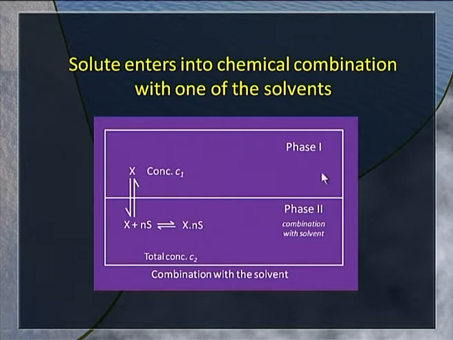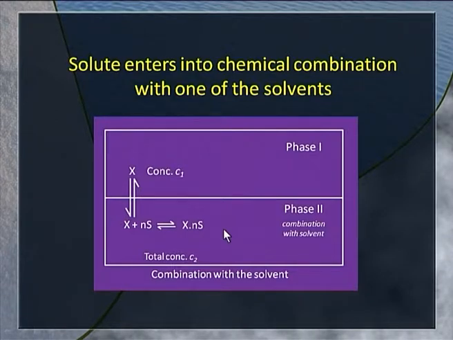We have two phases in equilibrium in contact with each other. The solute X gets distributed between the two phases, establishing the equilibrium. When the equilibrium is established, we can clearly see that in the second phase, the molecule of X forms a complex molecule with the solvent molecules.